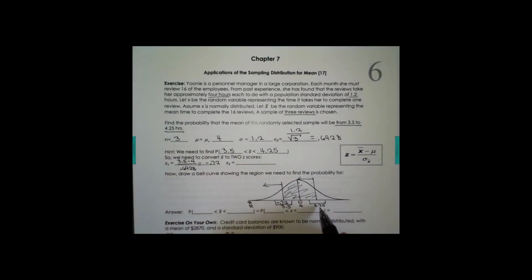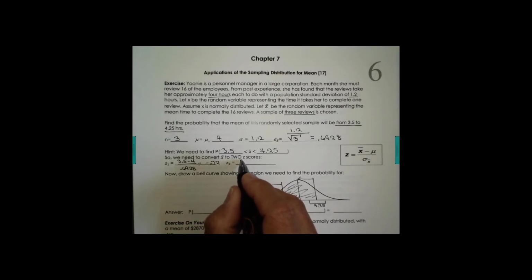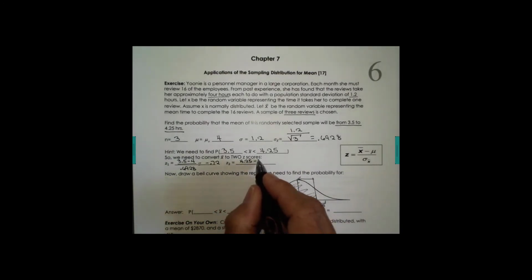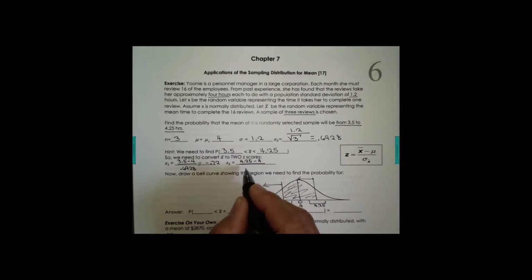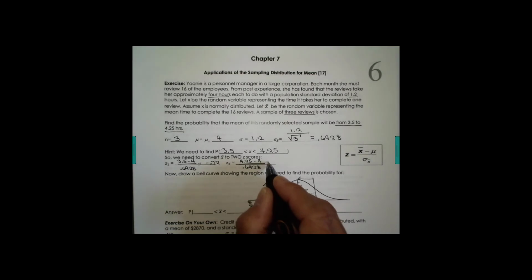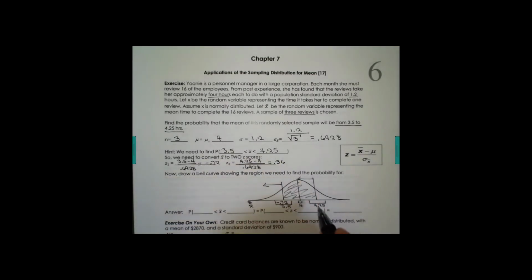I'm going to start with 4.25. That's my sample mean, and I'm going to subtract the population mean of 4, divide by the standard deviation that I calculated, and I'll come up this time with a z-score of 0.36. Be sure you're doing the math of these and not just trusting me to do all of your math for you, because you'll be lost when you come to a test.